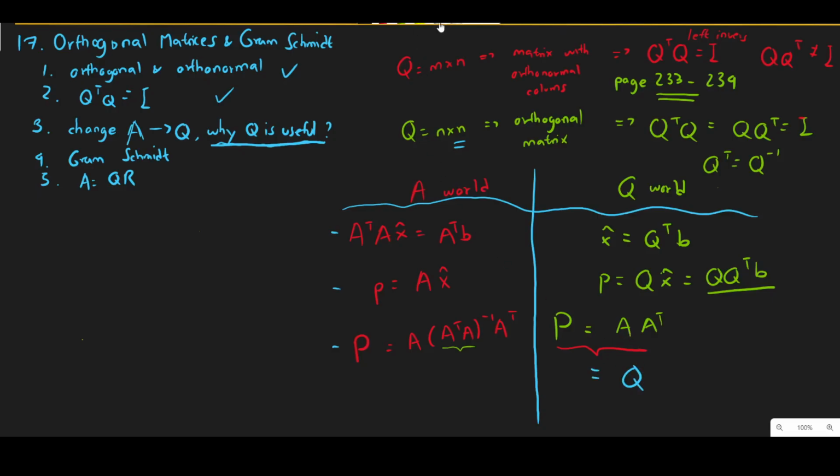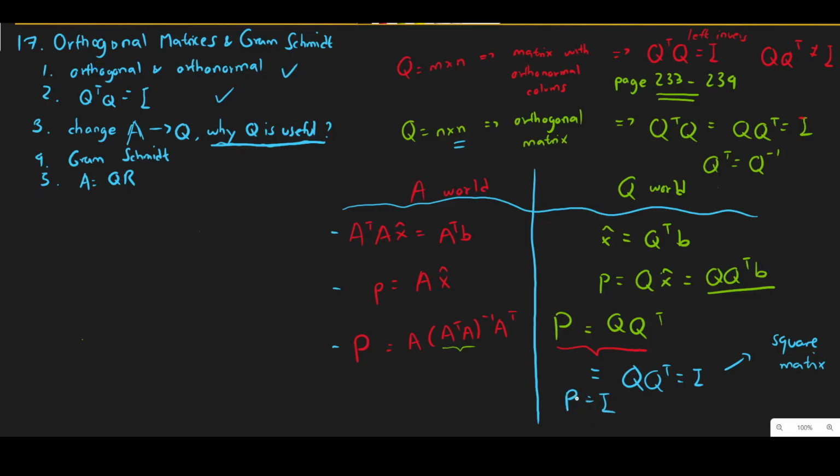This one should not be A A transpose, but Q Q transpose. Okay, sorry. So let's move on. In this case, Q Q transpose is also identity because it's a square matrix. Okay, so P is the identity itself.